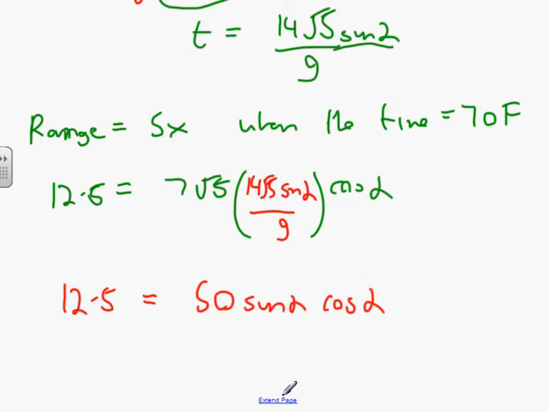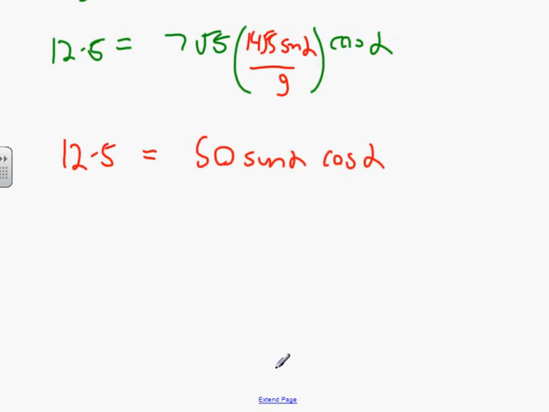Can anybody in the class tell me what to do next? Now, here's the tricky part. Can anybody change sin alpha cos alpha into just sin or cos, I don't want both? Anybody have any suggestions? That only works for sin squared alpha or cos squared alpha. Much simpler.